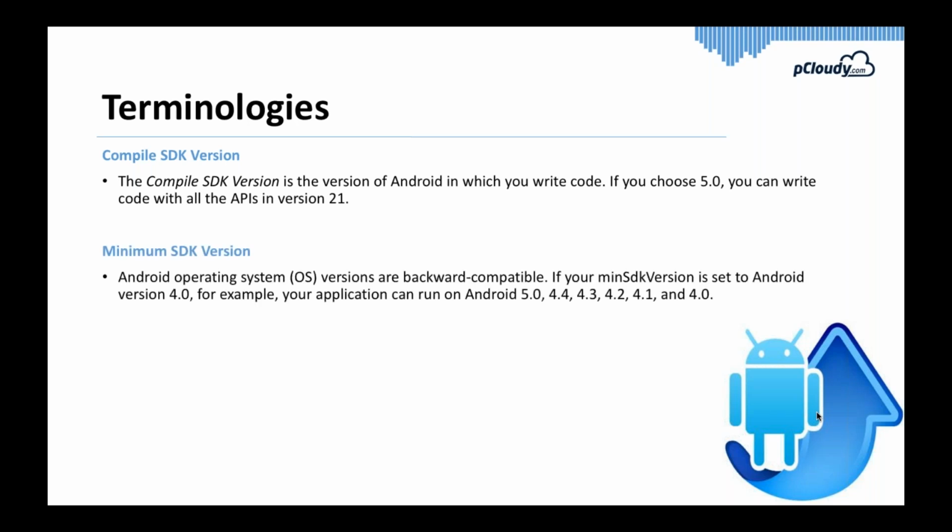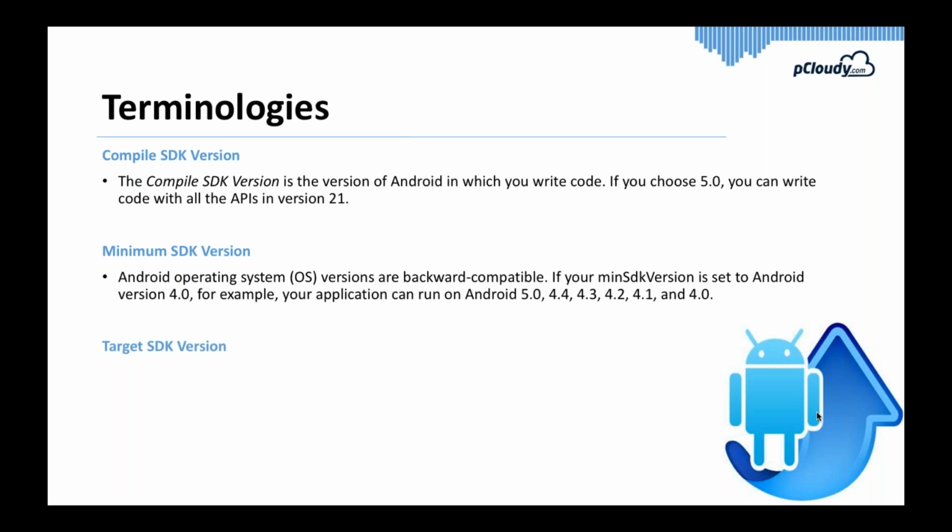Then the other terminology to consider is the minimum SDK version, which is mentioned in the manifest file, because if you want to restrict your app to be downloaded on a certain range of operating systems, you can specify the minimum SDK version. So for example, I can say I don't want my app to be supported below 4.4. So 4.4 can become my minimum SDK version. Google Play itself will not allow the app to be downloaded on devices having below 4.4.